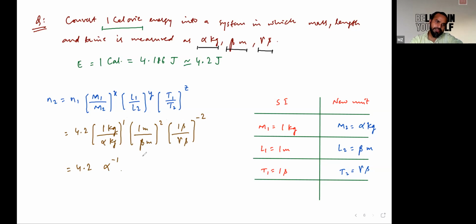On bringing it to the numerator, it becomes -2. Similarly, second and second cancel out. We have gamma raised to the power -2, so on bringing it to the numerator, it becomes +2. So this would be your final answer for N2. Okay.